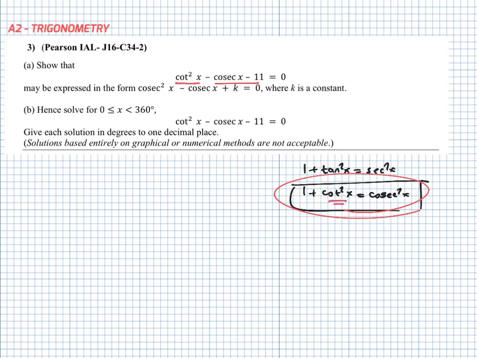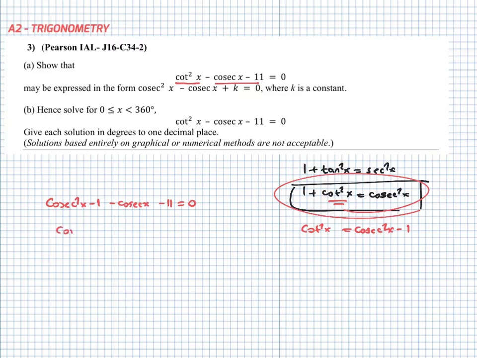So instead of cot²x here, I can actually write what? Cosec²x − 1. So let's write it over there. Cosec²x − 1 − cosec x − 11 = 0.